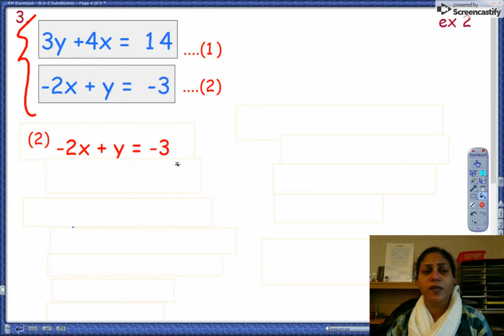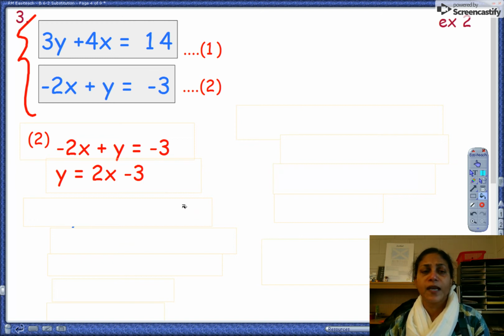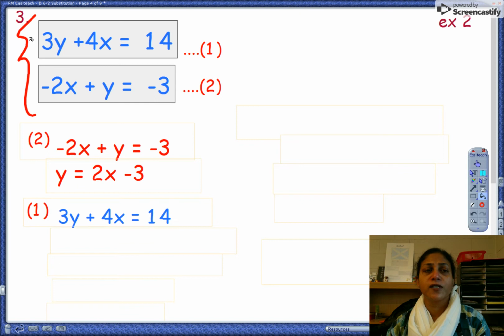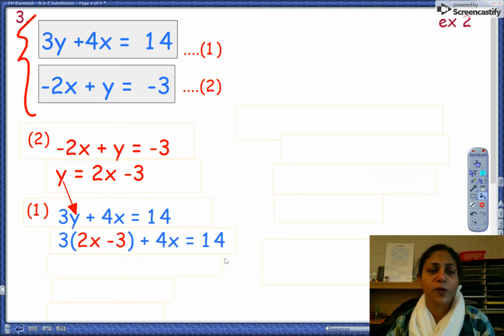So I'm going to take my second equation and isolate the y. Since I used the second equation to isolate the y, I am going to plug this y into the first equation. So I take the first equation from the top, and this y that I just found, I am going to substitute into 3 times y. So I get 3 times 2x minus 3.